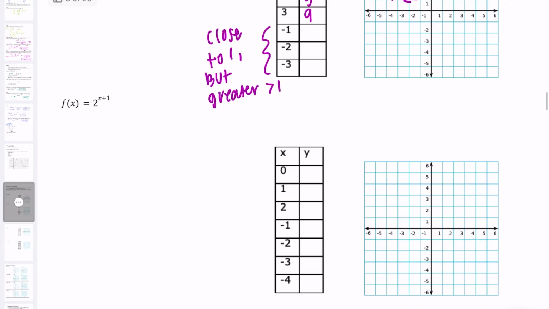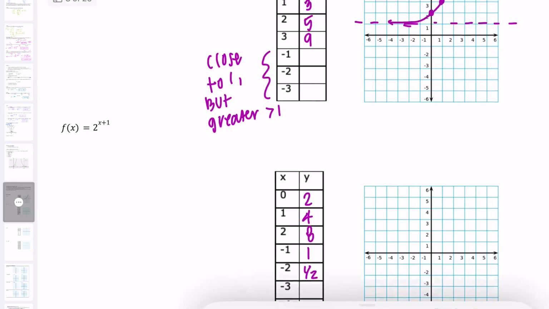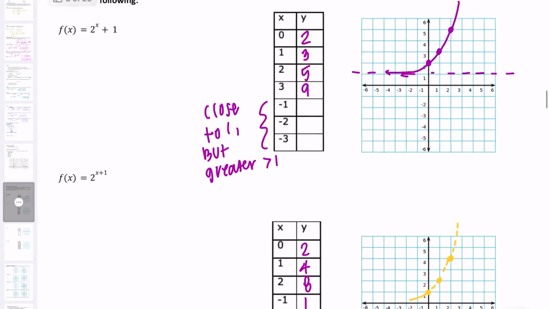Then we have 2 to the x plus 1, where the exponent is x plus 1. That's going to yield 2, 4, 8, 1, and 1/2. Okay, so you'll notice that we ended up moving to the left. Let me go ahead and draw the parent function so you can really see that. So here's the original.